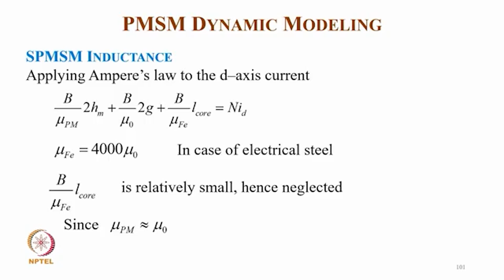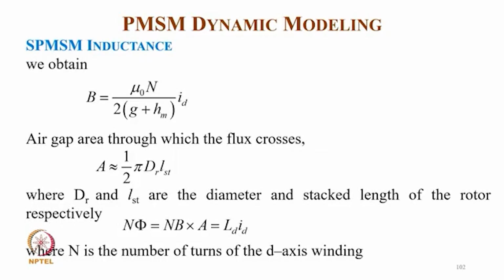Since μ_PM is almost equal to μ_0, we obtain B = μ_0 N/2 times (g + h_M) times i_d, and the air gap area through which the flux crosses is A = (π/2) d_r L_st, where d_r and L_st are the diameter and stack length of the rotor respectively.